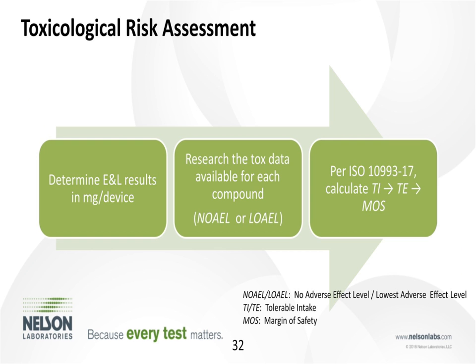So the general approach to a toxicological risk assessment is to look at your results and have them in units of milligrams per device. Then the literature needs to be reviewed for each compound above a threshold of toxicological concern, and we're looking specifically for these no adverse effect levels, or these lowest adverse effect levels.